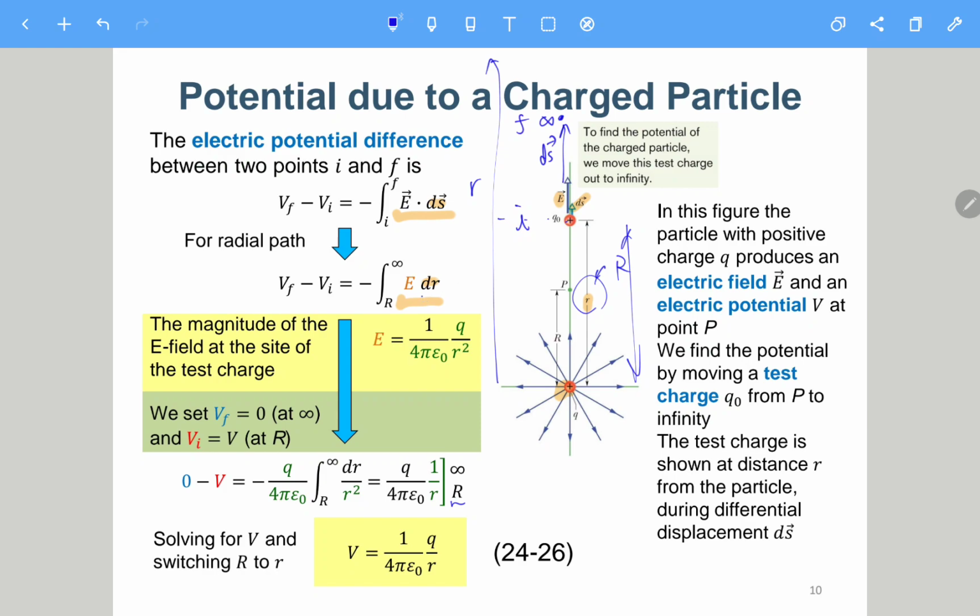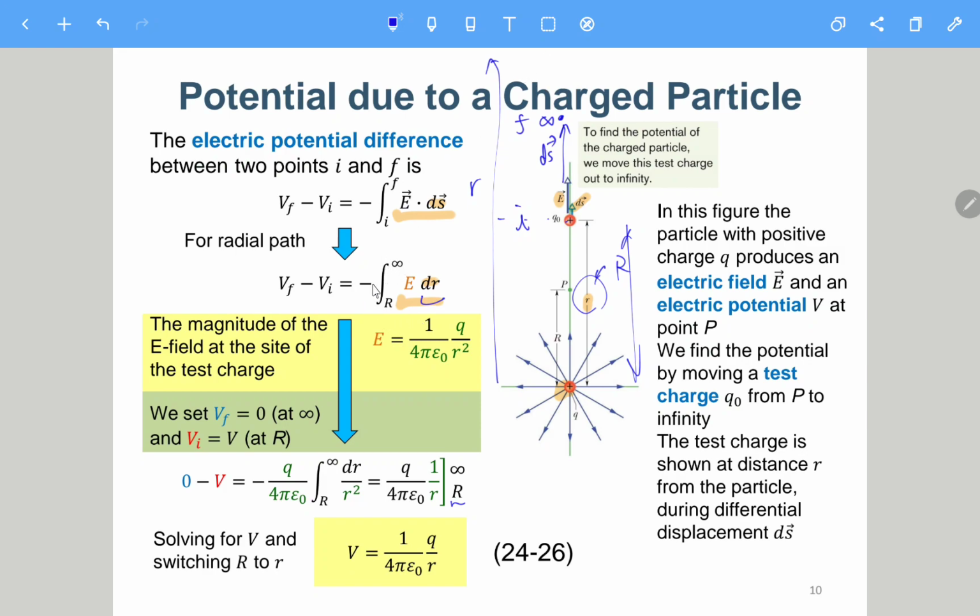Because we have dr as the r axis, we don't want to change this variable. So we keep this small r and make the lower bound capital R. Otherwise, this is small r, this is small r, and you cannot distinguish which is which. So this is capital R. The final point is infinitely far away, so this is infinity.